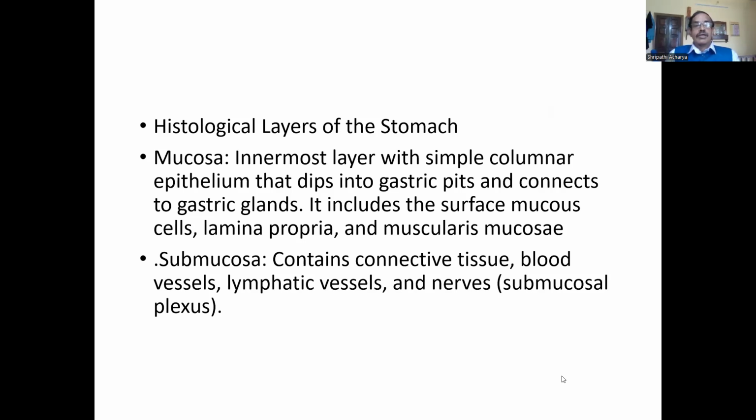Histological layers of the stomach. First one is mucosa, innermost layer with simple columnar epithelium that dips into gastric pits and connects to gastric glands. It includes the surface mucous cells, lamina propria, and muscularis mucosae. Second one is submucosa, contains connective tissue, blood vessels, lymphatic vessels, and nerves, submucosal plexus.